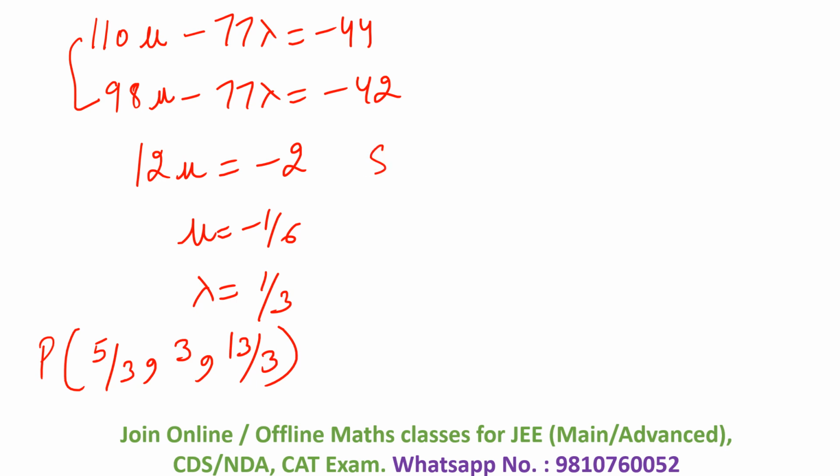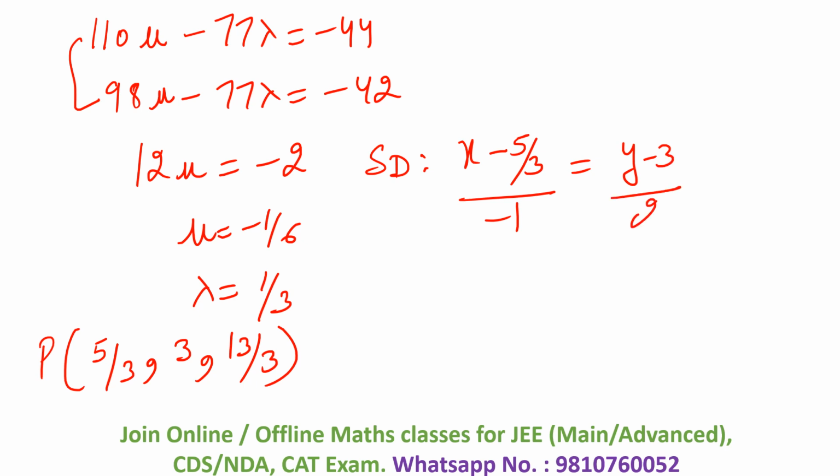So the equation of line of shortest distance now becomes x minus 5 by 3 divided by minus 1 equal to y minus 3 divided by 2 equal to z minus 13 upon 3 divided by minus 1. Right? Now what you have to do, you have to consider all the options one by one and start putting the coordinates of the points given in them.